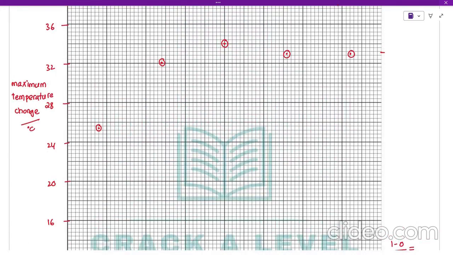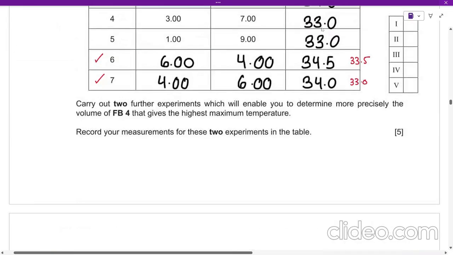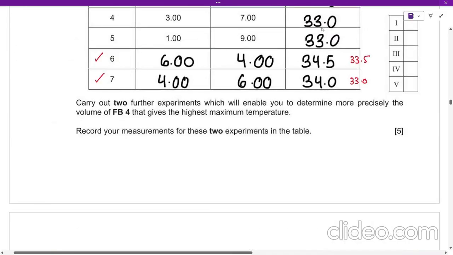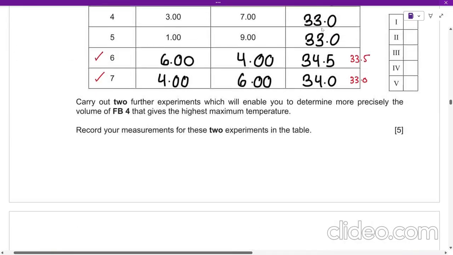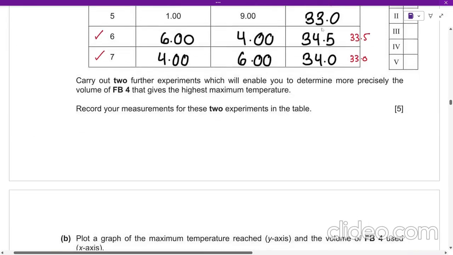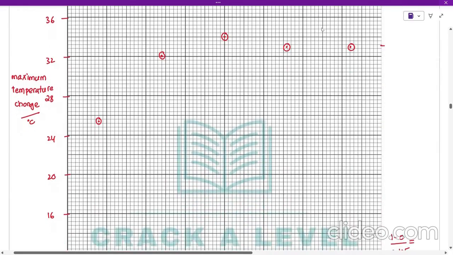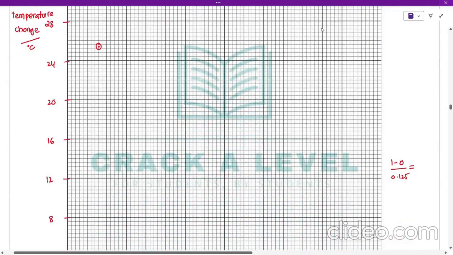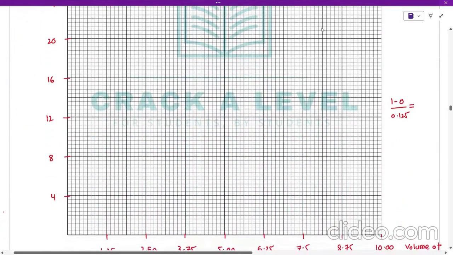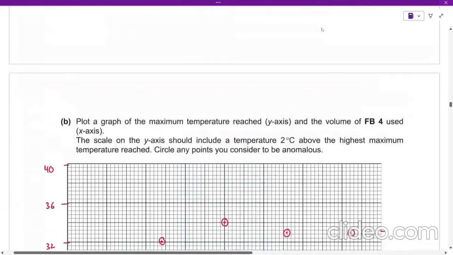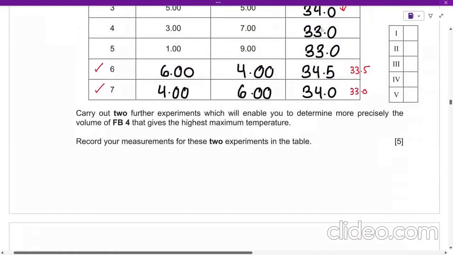And then we have 33.5 at 4. Okay, so it is at 4, and at 6 it is 33. So where is 4? Let me just check it again.